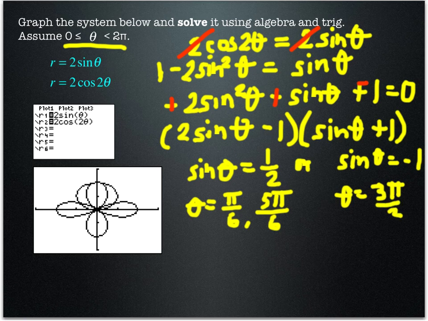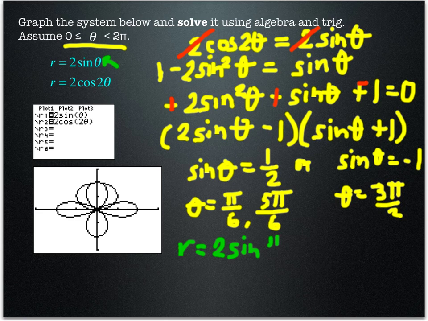Now, I'm not done yet because remember, this is a system. I've got to find the coordinates for these. So just very quickly, I'll show you how to do that. Maybe I should change colors here a bit. That might help. So if I have r equals 2 sine theta, that's the original equation up here, I can put in one of these angles that I just found.